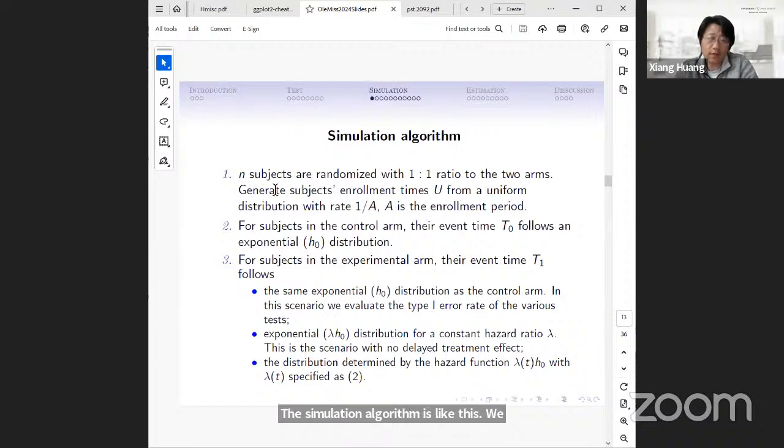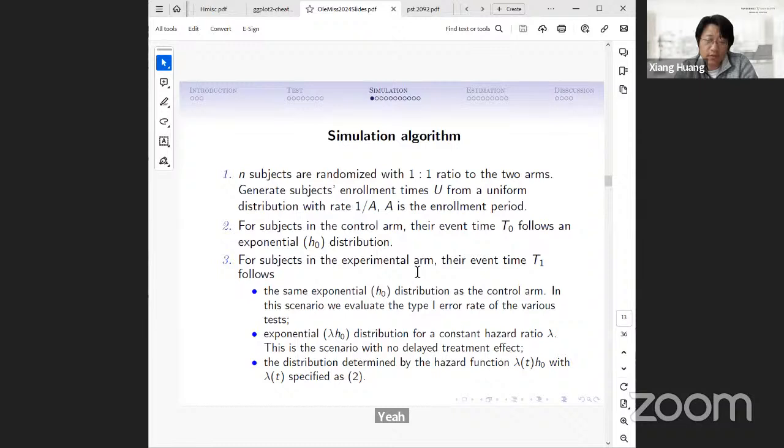Suppose we have n subjects. We put them in two arms, control and treatment. The control arm follows an exponential distribution, and the hazard of the control arm is h norm.